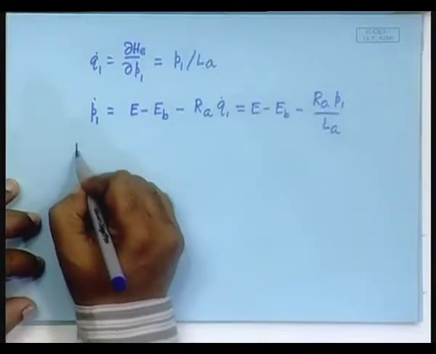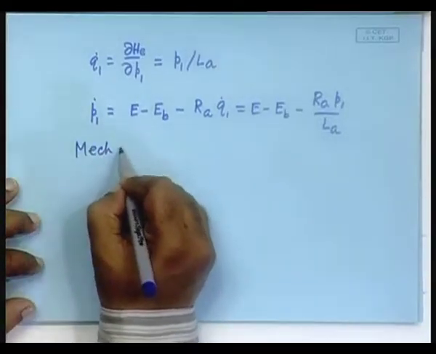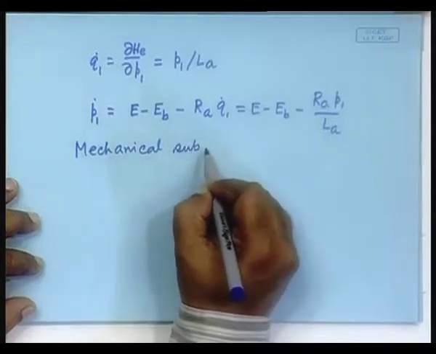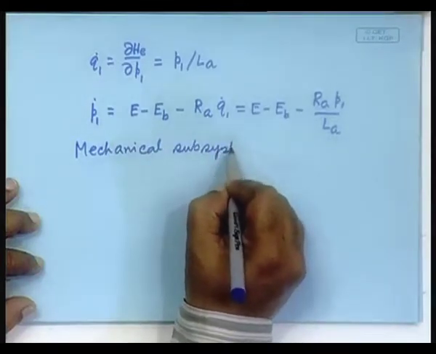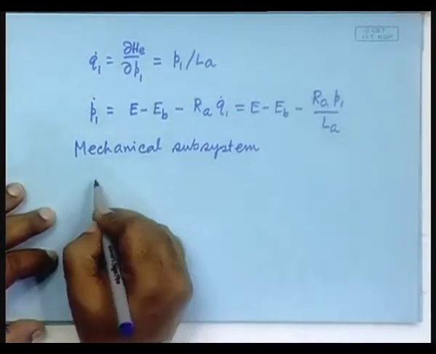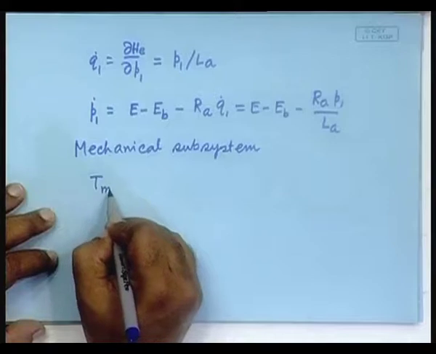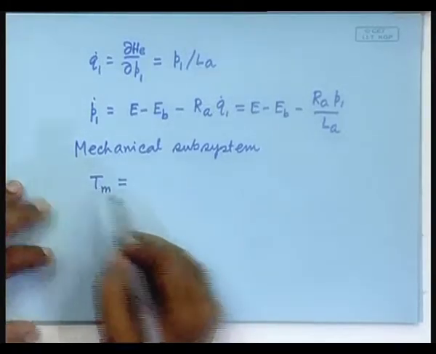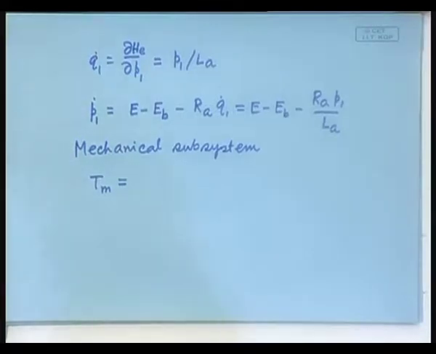Now, in the mechanical subsystem, the kinetic energy T of the mechanical side will consist of the two bodies' own kinetic energies.